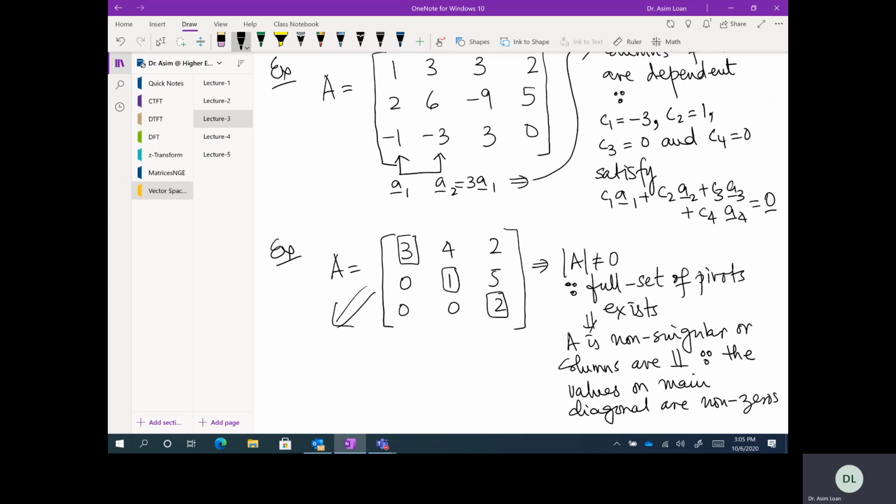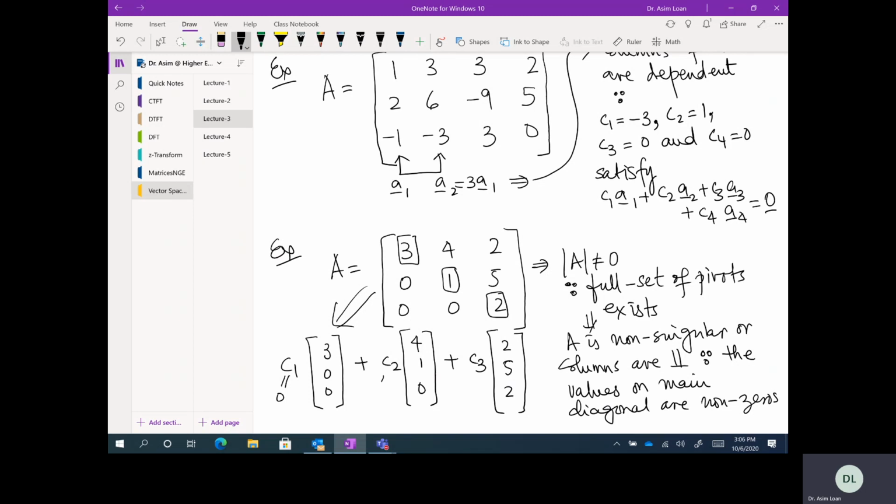If I want to write this one, I'll write c1 (3, 0, 0) plus c2 (4, 1, 0) plus c3 (2, 5, 2). Even if I make this equal to 0, this has to be equal to 0, and this has to be equal to 0, because these values are non-zeros, right?